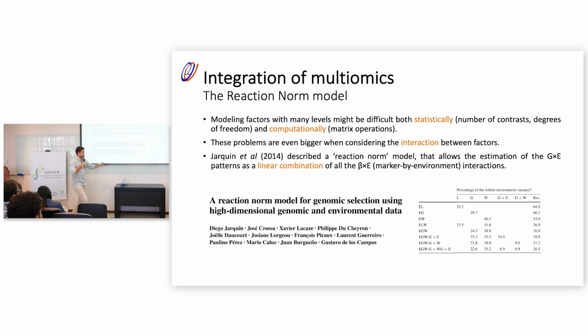See how, as they increase the complexity of the model by introducing environmental covariates, they reduce the residual variance. We have a residual term where we don't know what is there, but as you use more information, you are able to steal information from it. It's like, okay, now I know that this residual is due to this omic. That's really important, so we are using this approach. In this case, we don't have genotypic information, but the concept is similar.